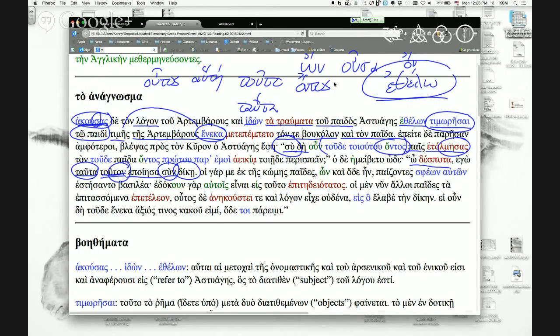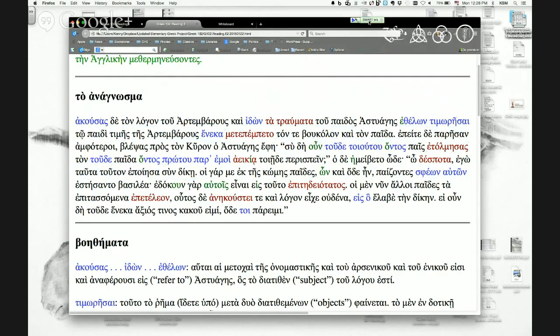A child of your father, of this one. Now, here we're seeing two different forms of this demonstrative pronoun. We're seeing houtos, haute, touto, and we're also seeing hode, hede, tode.